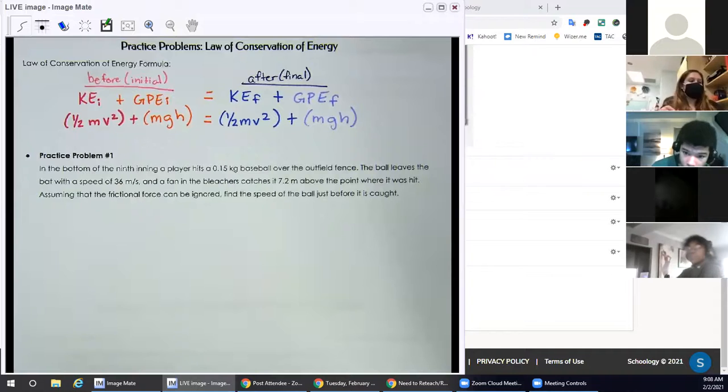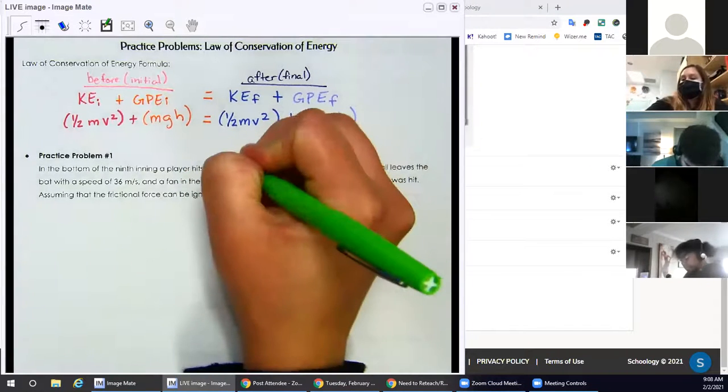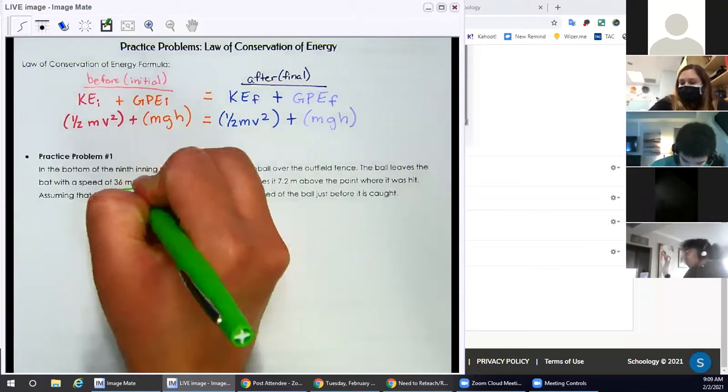Okay. So with the first problem, in the bottom of the 9th inning, a player hits a 0.15 kilogram baseball, so kilograms measures mass, over the outfield fence. The ball leaves the bat with a speed of 36 meters per second. So that's my velocity.